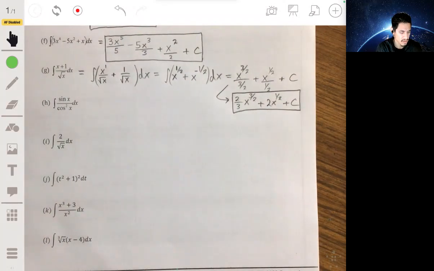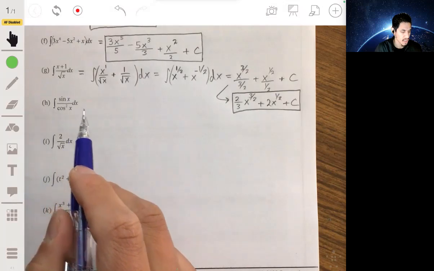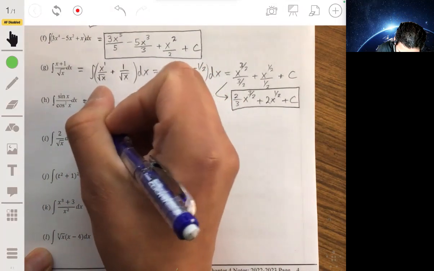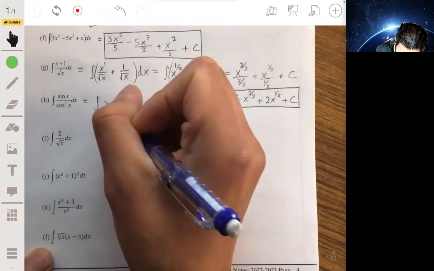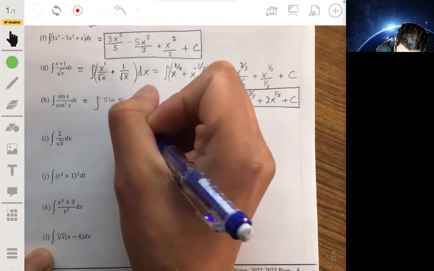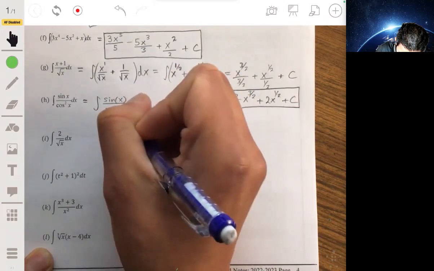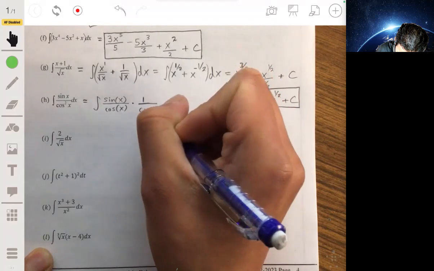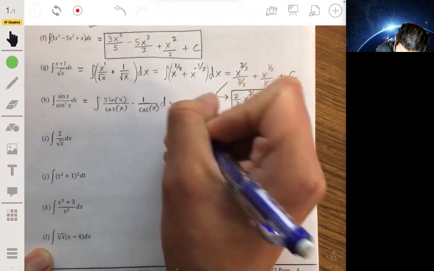All right, h. Okay, this is a good one. So here we're going to break this up as the integral of the sine of x over the cosine of x times 1 over the cosine of x dx.